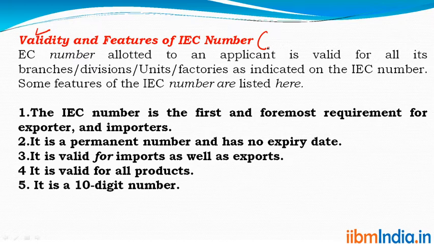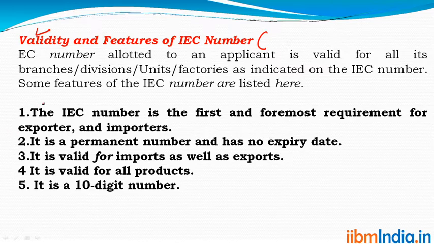Whatever branches are running across India or across the globe, you don't require a different IEC number. The same IEC number will be allotted for all the branches, divisions, units and factories. There will be a common IEC number.